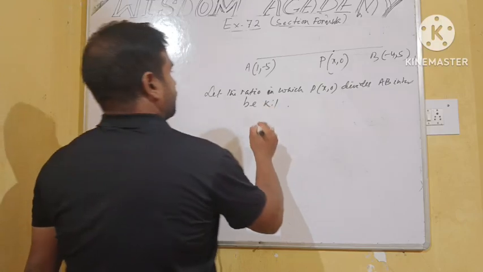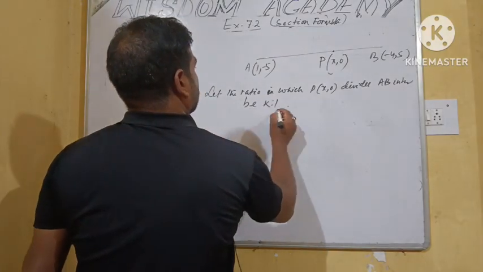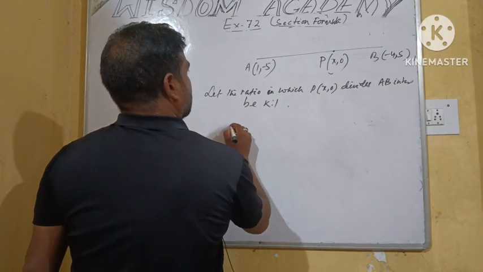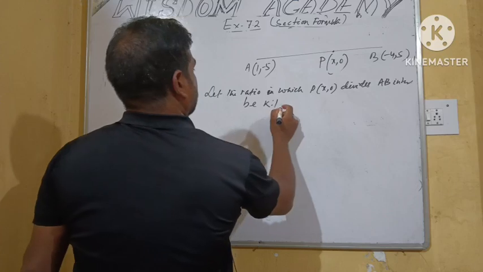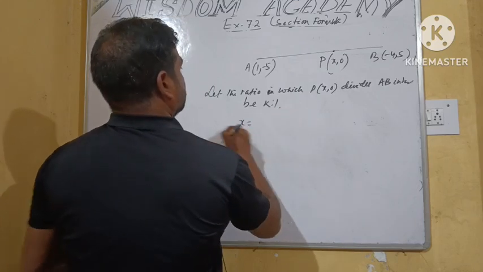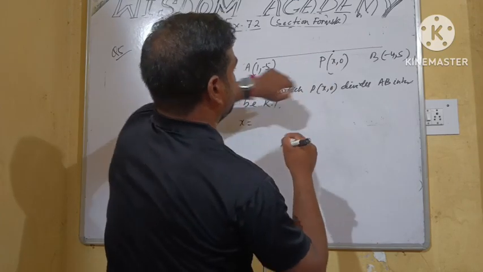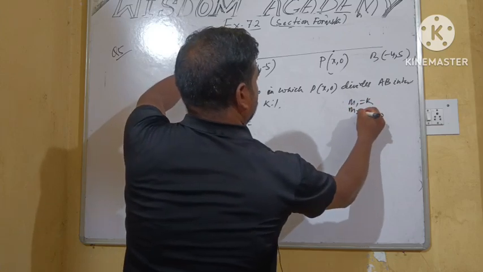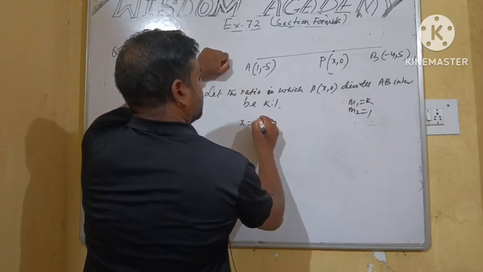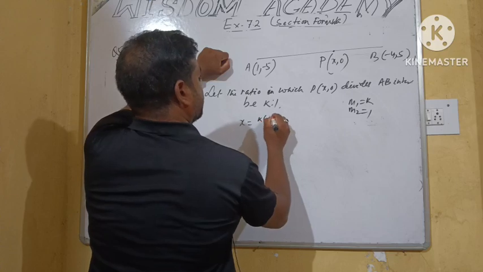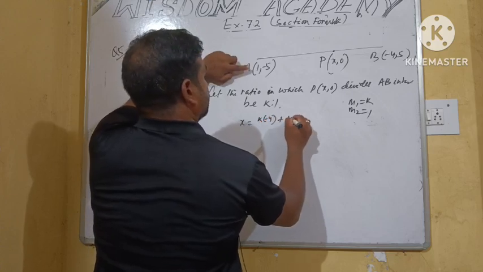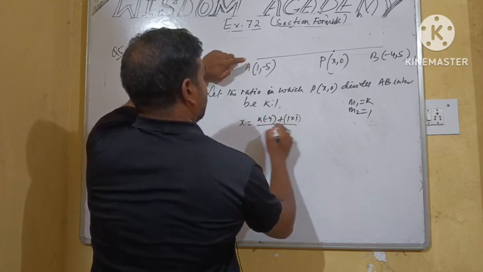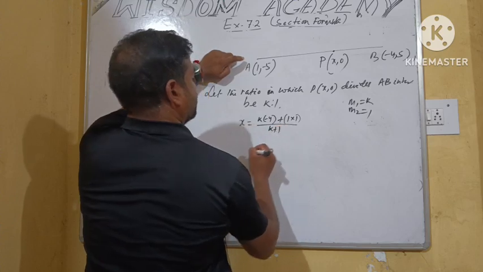Then find x equal to... here m1 equals k, m2 equals 1, so k into -4 plus 1 into 1 by k plus 1.